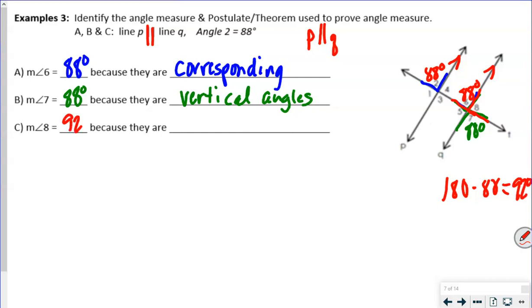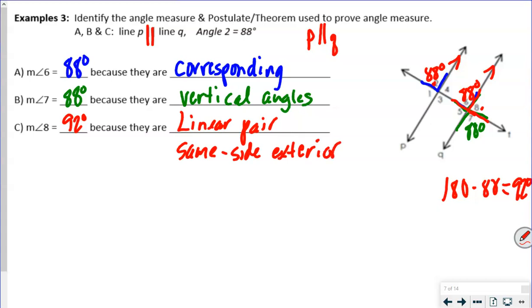So this is 92 degrees because why? What do we say? These are a linear pair, right? So we could use linear pair. Honestly, we could have also used what? We could have used same side exterior angles, right? Because 2 and 8 are same side exterior. So we use linear pair. You could have used same side exterior. Either one of those, right?